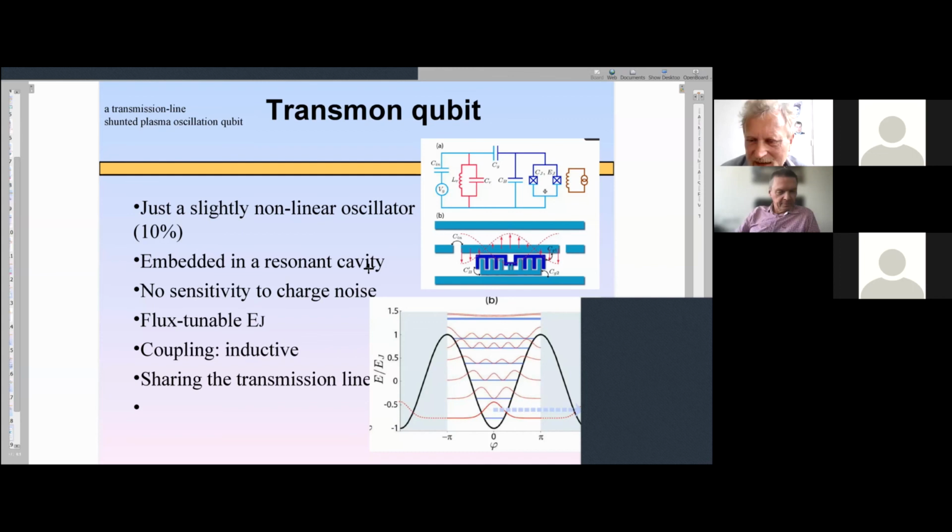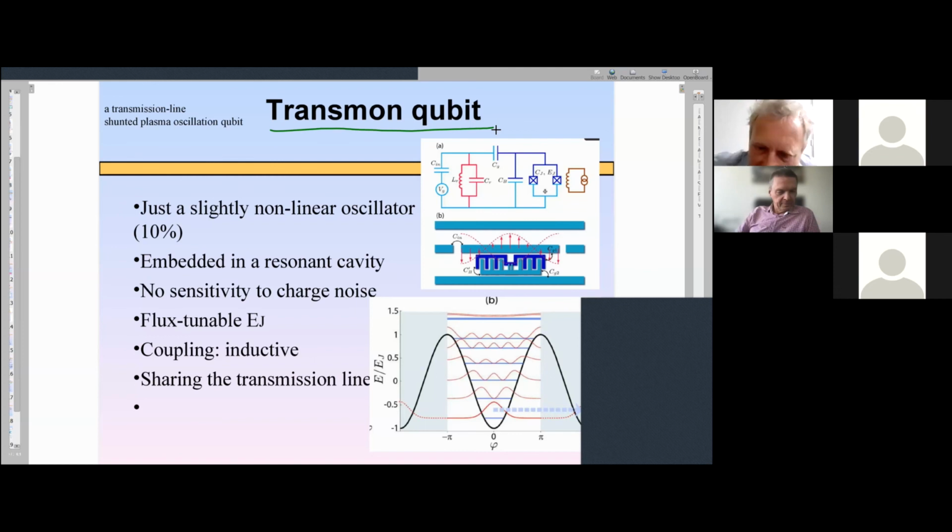The most practical device, the most practical from a technological perspective, appears to be the simplest one. That's how we come to the transmon qubit, which at least at the moment is the winner of the qubit competition.